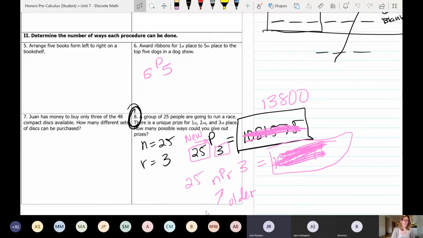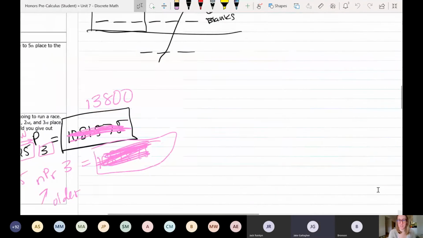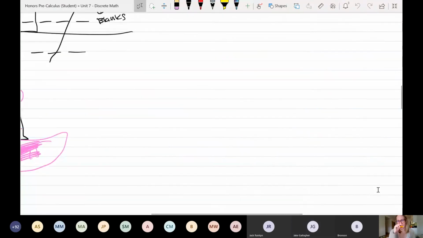Okay. So P stands for permutation, which means the order matters, right? So let's just talk about this. I'm just gonna go off on this side here, because order mattering versus not mattering sometimes throws people off.